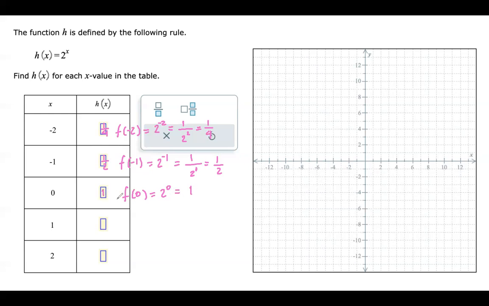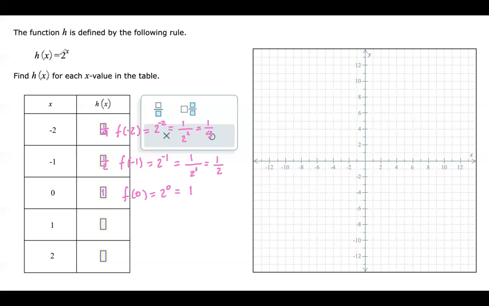So no matter what the base is, if you don't have anything else going on in the exponential, meaning a multiplication, it is going to go through the point 0, 1, because no matter what the base is, when you raise that base to the power of 0, you will end up with a 1.